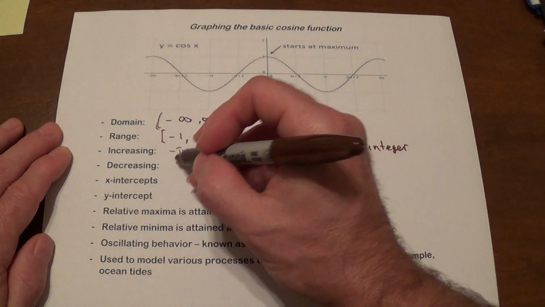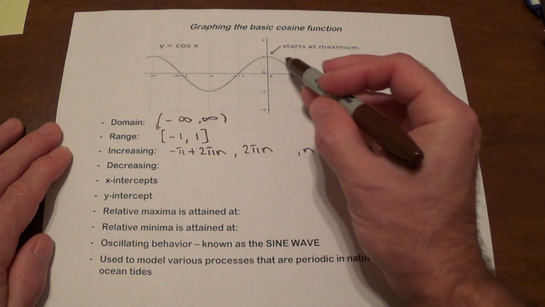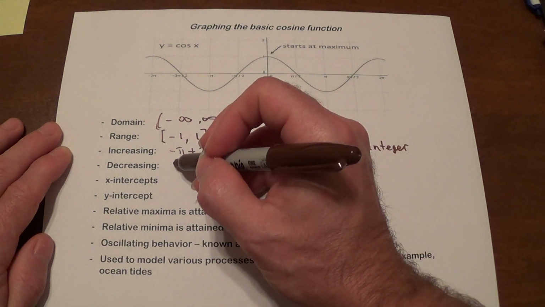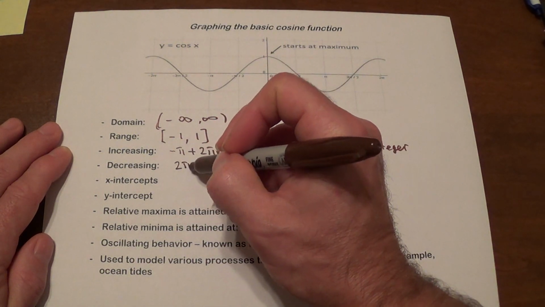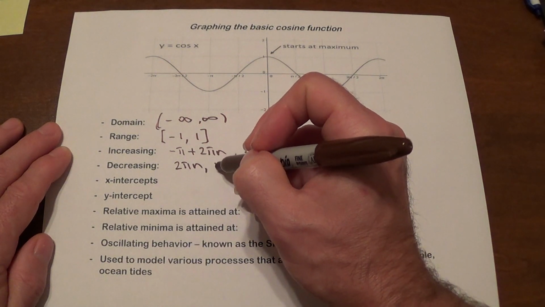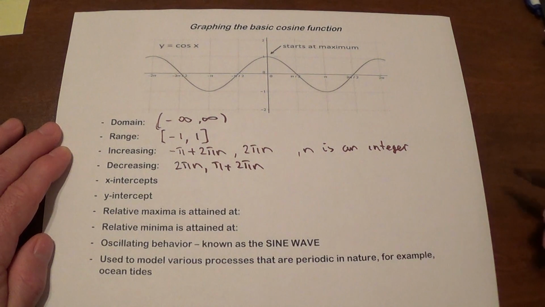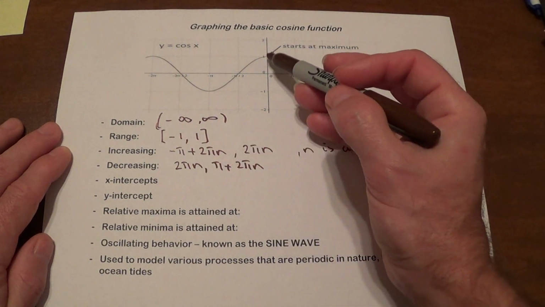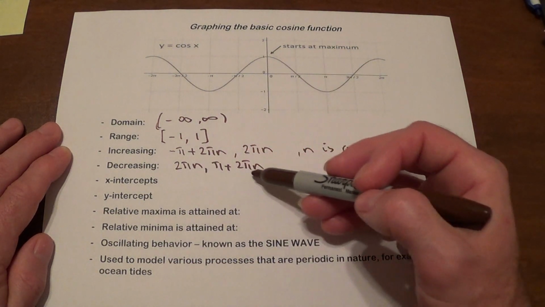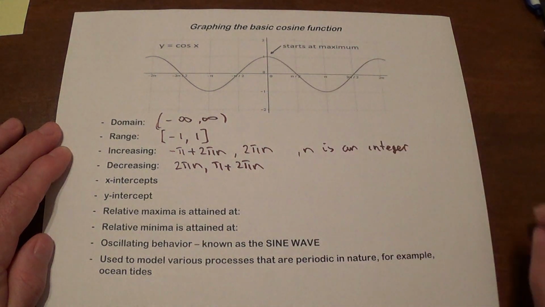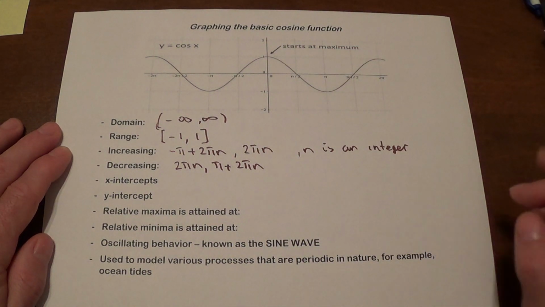Decreasing, it's going to decrease on this interval, for example, from 0 to pi. So I can write that as 2 pi n all the way to pi plus 2 pi n. If you make n 0, you're going to go from 0 to pi. This function is decreasing, and you're going to have multiple intervals like that.